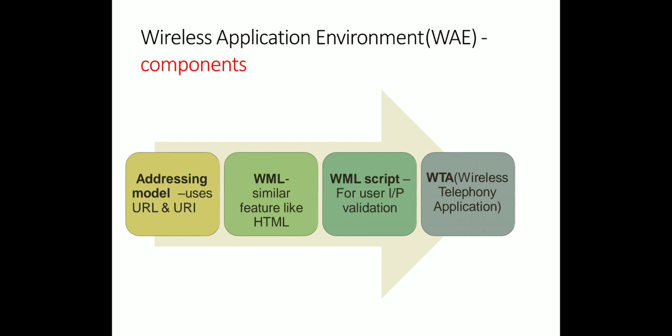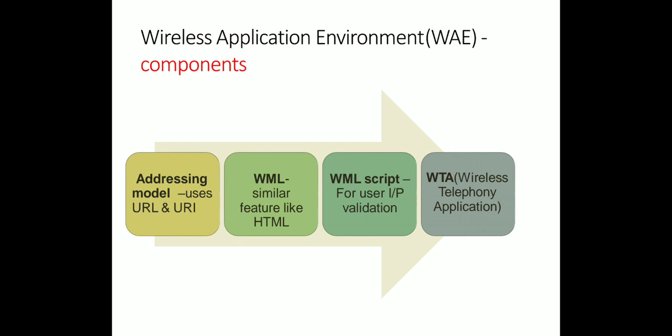The addressing model uses the URL and URI. WML has features similar to HTML, and is the language used by WAP. WML script is for user input-output validation, and WTA is the wireless telephony application. So now we can see how the WAP model actually works.